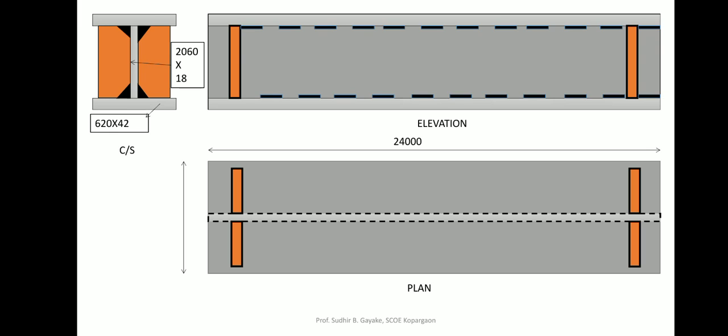Now this will be the side elevation, and this will be your plan. Intermittent welding, so design of connection is not shown here. This is similar to the last numerical only. You can just copy down those particular steps.